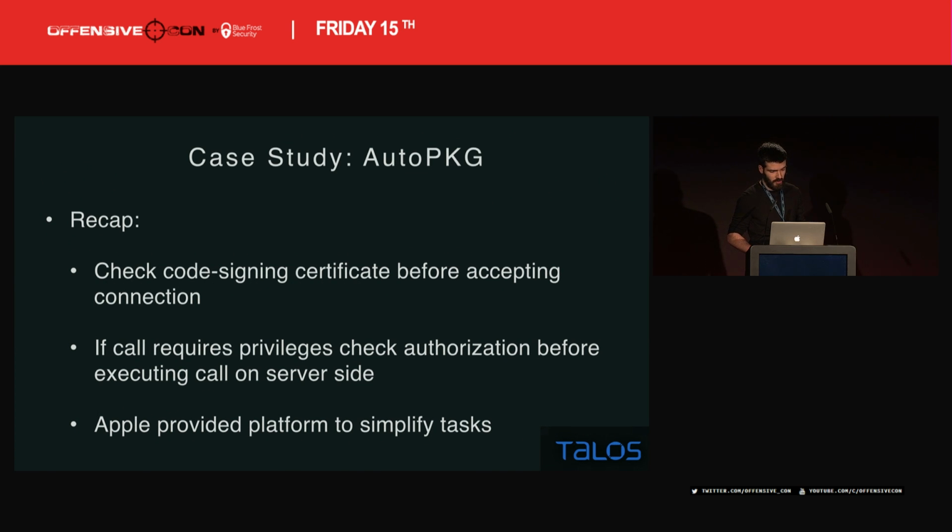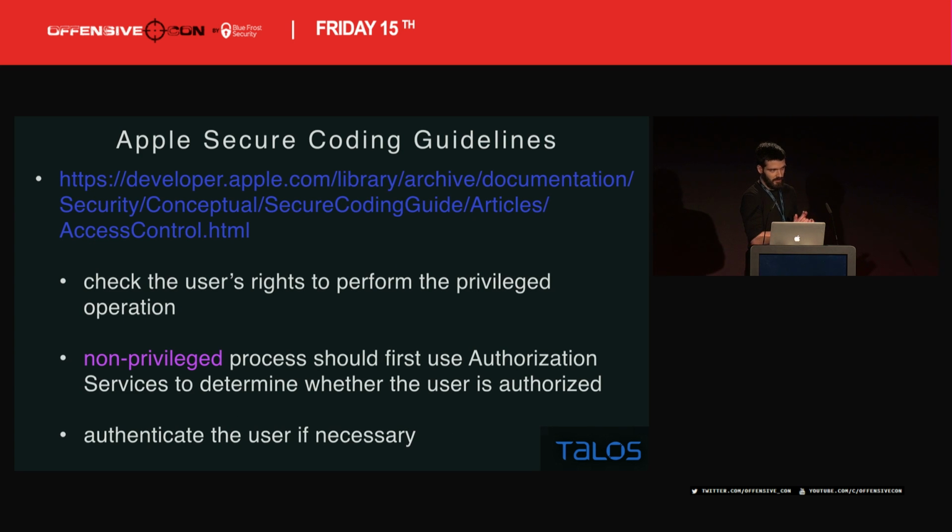Okay, so we need to check the code signer certificate, and if a call requires privileges, utilize Apple's provided APIs to ensure the authorization of the person. Now, one of the issues, I believe, is this comes directly from Apple's coding guidelines, directly on their website. If you look at the second one down, I highlighted it purple to show what the issue here is.